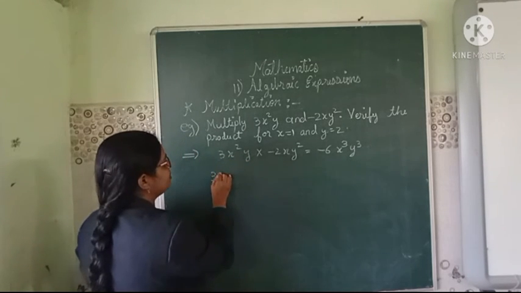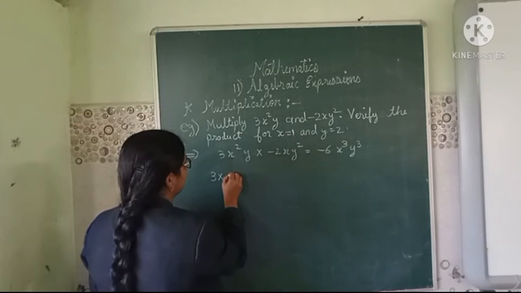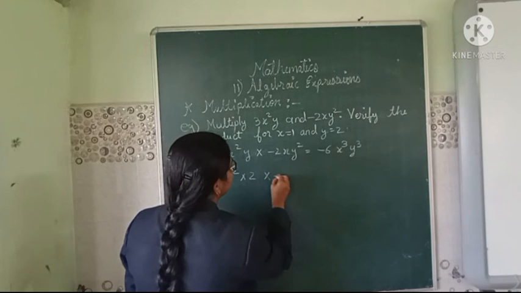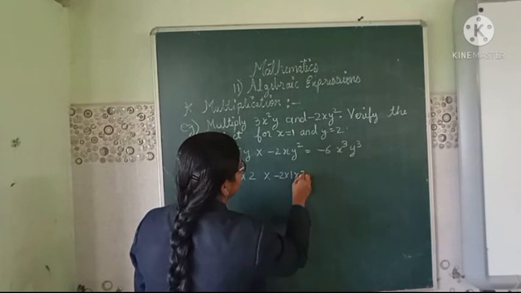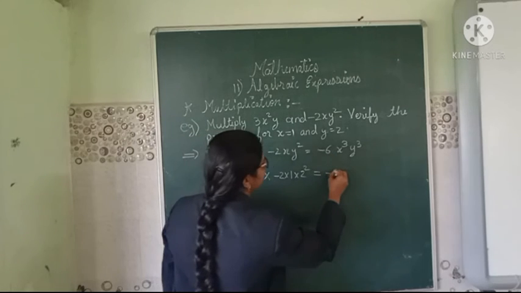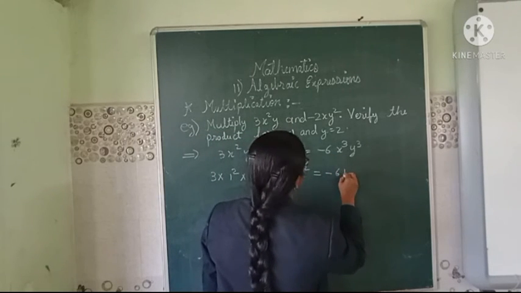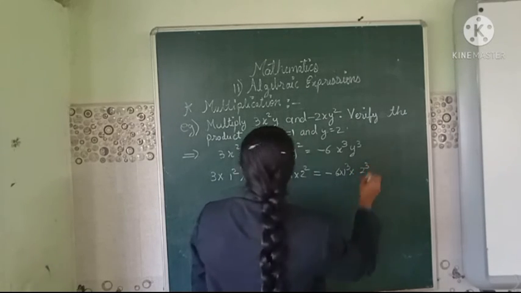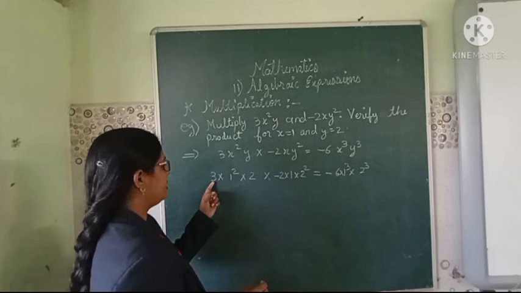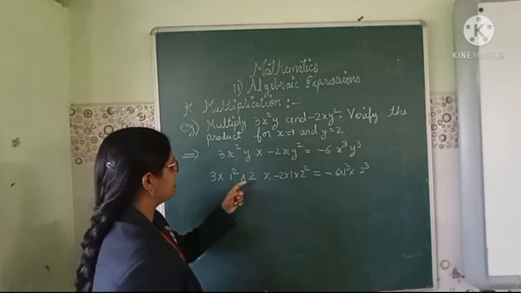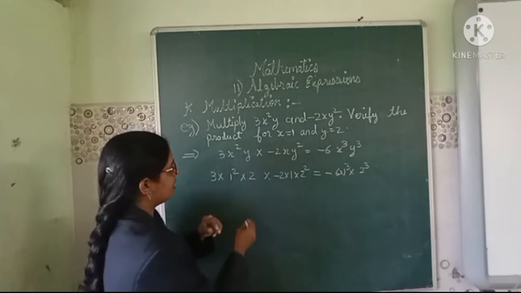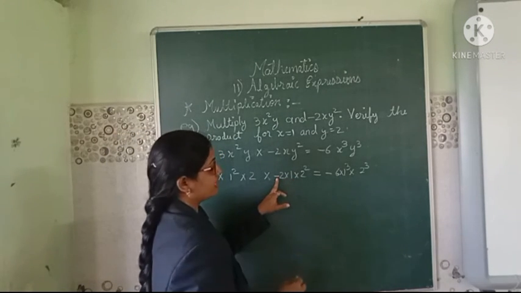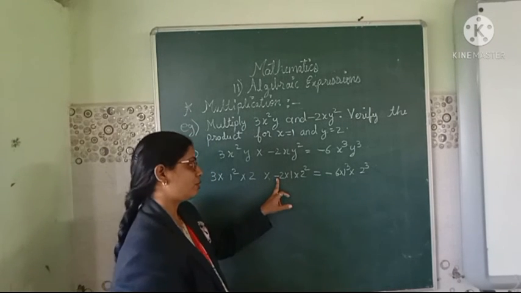So 3 multiplied by x value 1 square, multiplied by y which is 2, multiplied by negative 2 multiplied by 1 multiplied by 2 square equals to negative 6. X is 1 cube and y is 2 cube. So here 3 multiplied by 2 is 6, multiplied by 1 is 6. Then 6 multiplied by minus 2, it will be minus 12.